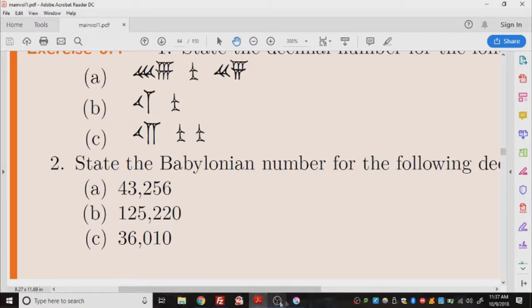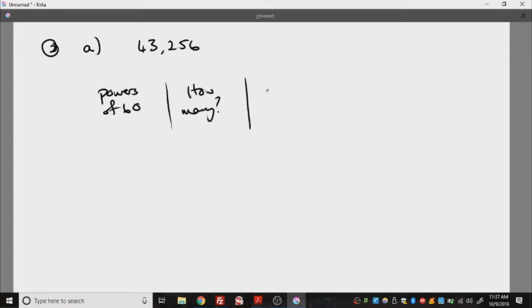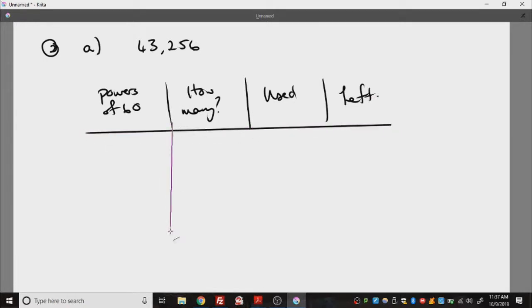So I need the number 43,256. I want to know which powers of 60 do I need to look at, then how many of them can fit, then what have I used. So if you're not sure how to get the answer, this is a good guide that you may want to use, but it is up to you.